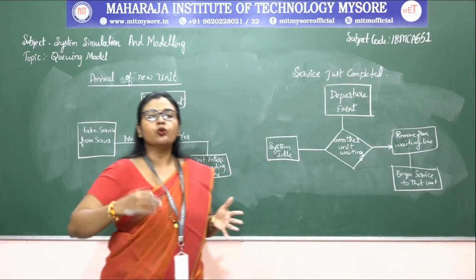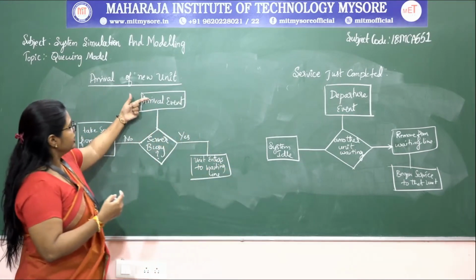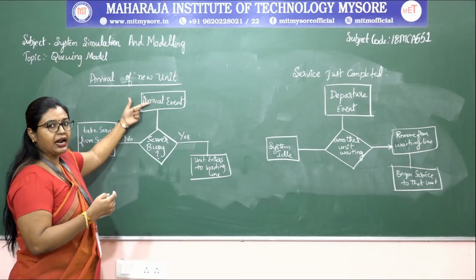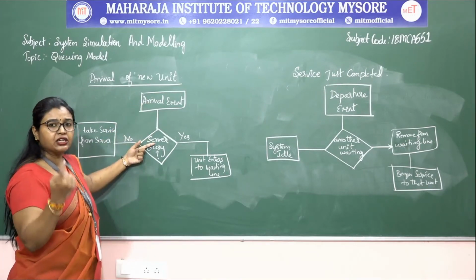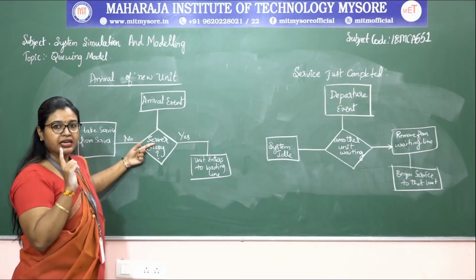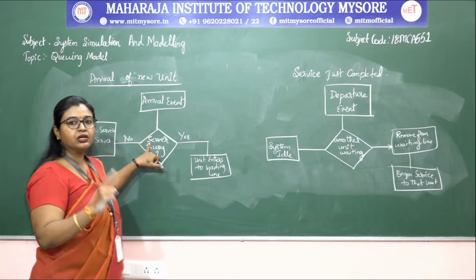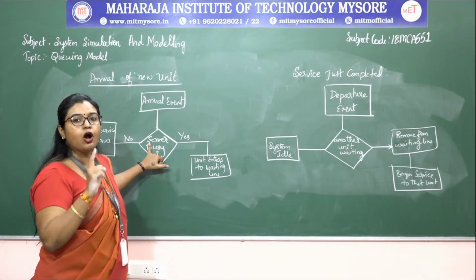When the arrival event occurs, the action to be taken by that unit or customer is that we need to look into the server. We need to check whether the server is busy or idle.